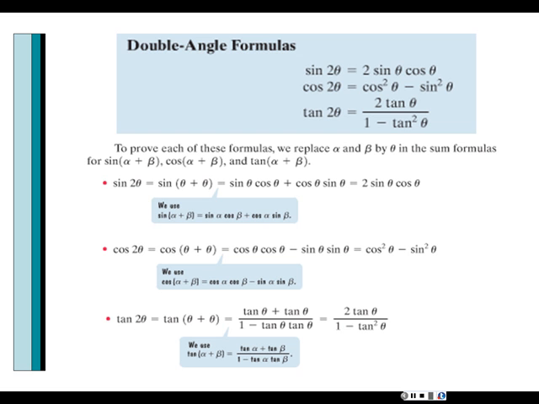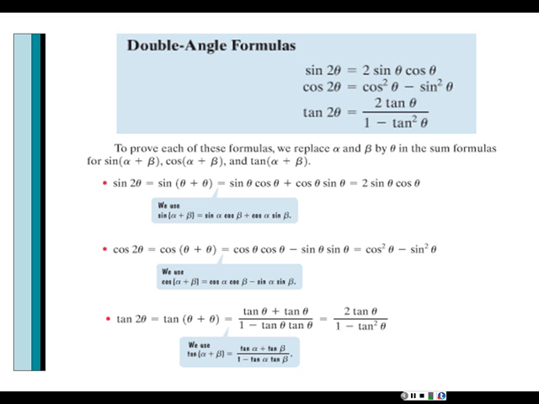Again, we are applying the same formulas from the last chapter, but right now it looks different because after you apply the formula, your answer is different. For tangent 2 theta, we did the same thing: we wrote tangent 2 theta equals tangent theta plus theta, and the rest is simple. We just applied the formula for tangent alpha plus beta. All this for the three formulas we had in the last section.